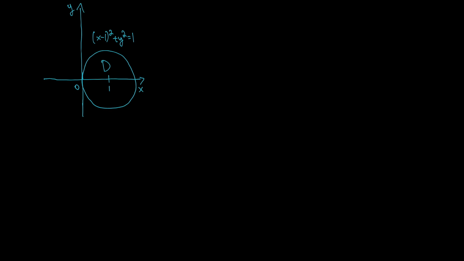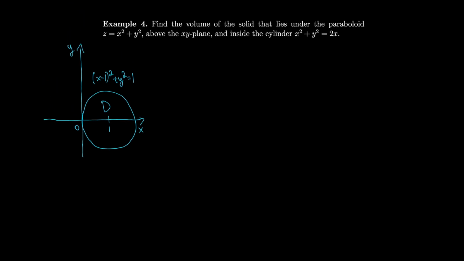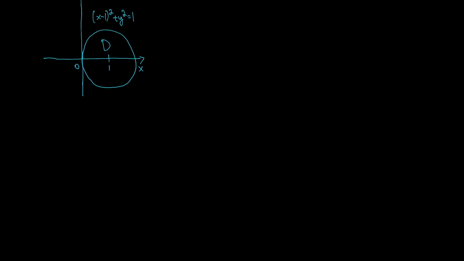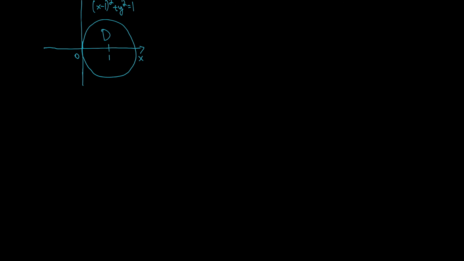So how about we also draw what this looks like in 3D? Because in 3D we've got a paraboloid and a cylinder. So how about I try drawing the little top of my cylinder. Try it again. If at first you don't succeed. And I'll try drawing now my paraboloid cutting through this guy.